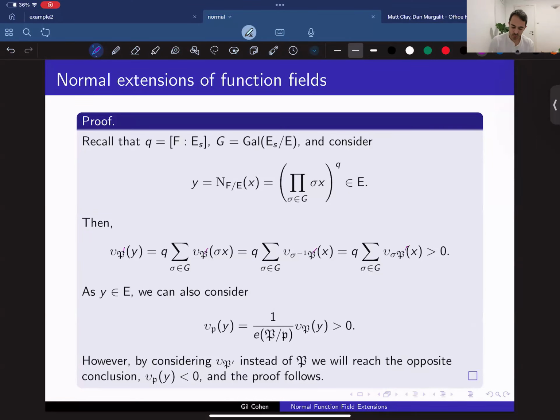And then you'll again figure out that V small p of Y is this thing, with a prime here and a prime here, but now everything is negative, which is a contradiction to the fact that a second ago it was positive. So that's the proof for the transitivity of the automorphism group of f over E acting on a prime divisor lying over a particular prime divisor in E.